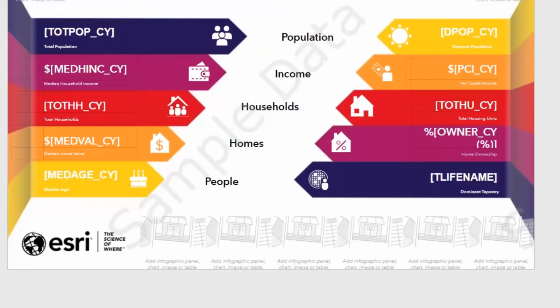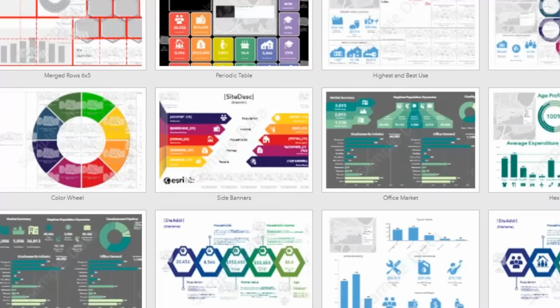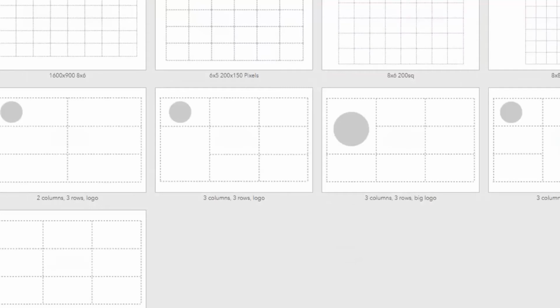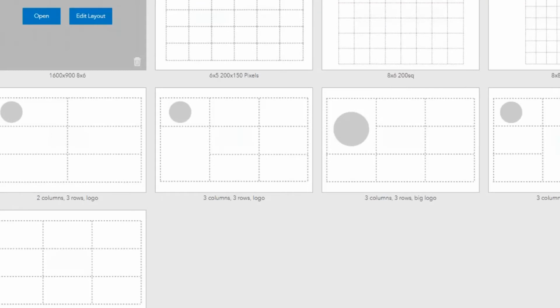Okay, so just canceling out of this, going back to our area, I'm going to start using a blank infographic. And I can use the plus button to create this. Here we are at this level, and I can resize this down to 200 by 150 pixels, which is the one that I prefer.